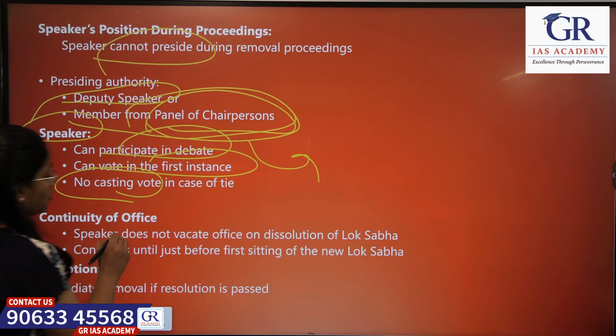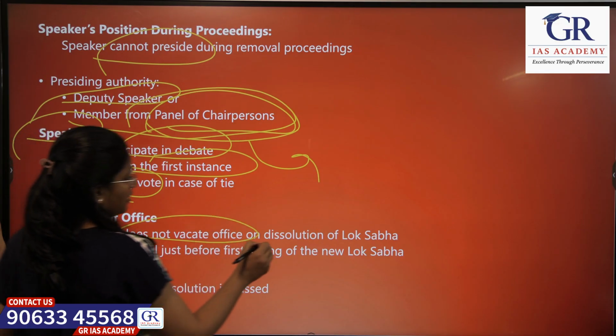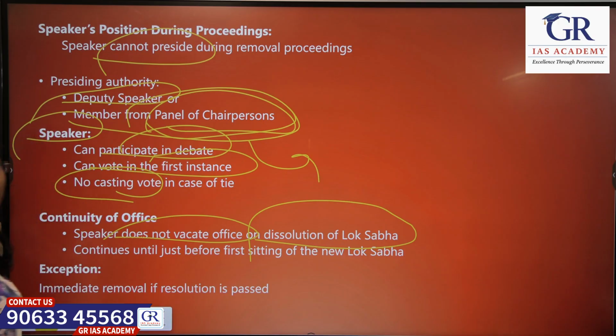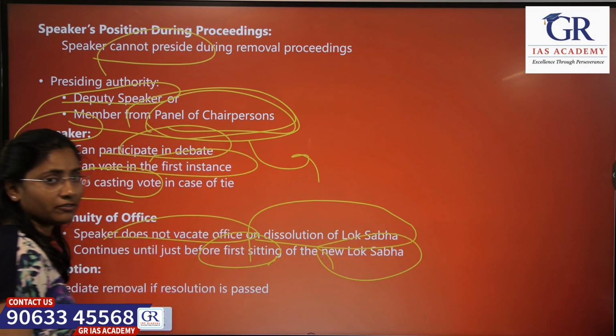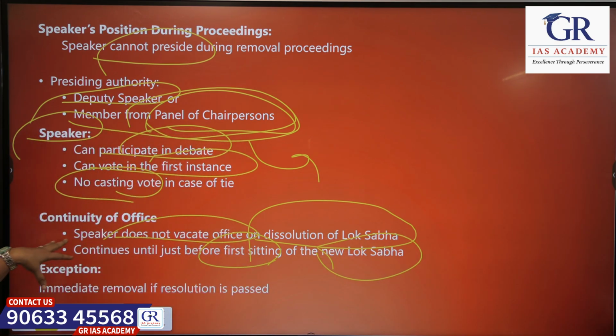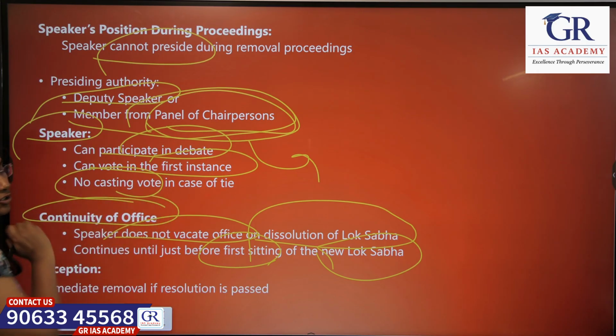So he does not vacate office on dissolution of Lok Sabha. Just before the first sitting of the new Lok Sabha, he will vacate the office. This is only during normal times, but if removal is done, he will be removed immediately from his office.